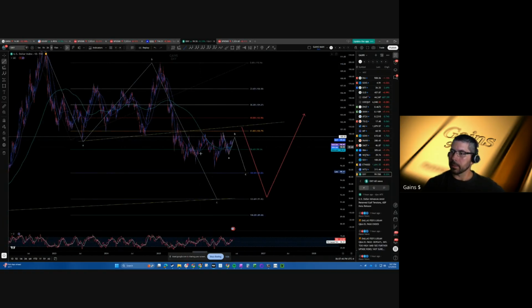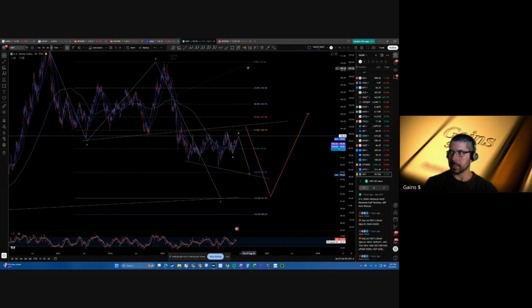As you can see here, it's just like an ending sort of pattern. It has been kind of expanding here, which is not necessarily super bearish, but again, with all the debt that's being issued, and no solution in sight here, the increasing value of the dollar, in my opinion, would be more due to a flight to safety sort of thing.